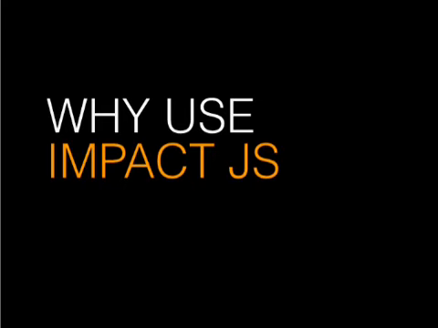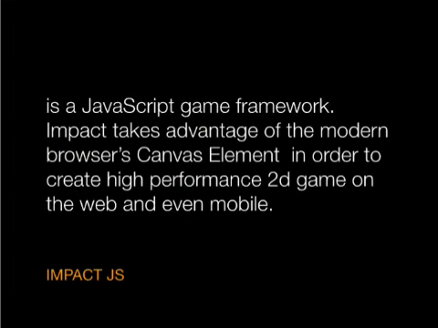Impact is a JavaScript game framework, and it really takes advantage of modern browsers' Canvas element, like I was talking about, in order to create high-performance 2D games on the web and even on mobile. As you get further along into learning more about HTML5 and especially Canvas, you can start doing things with hardware-accelerated Canvas, which is now coming into all these browsers.